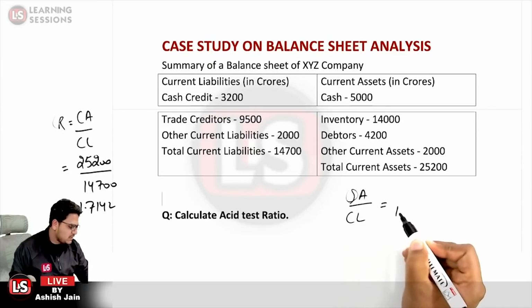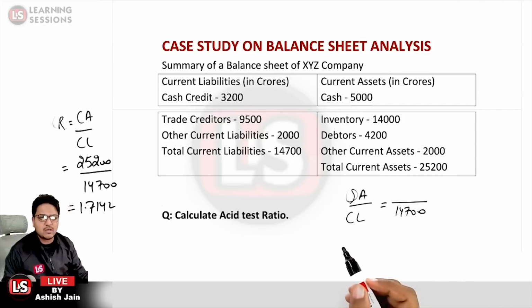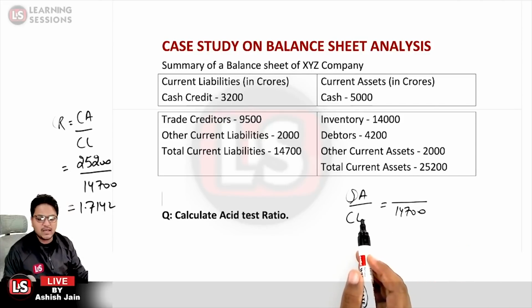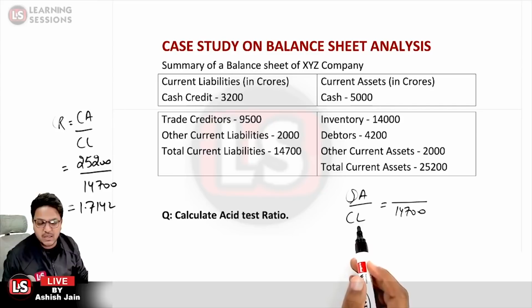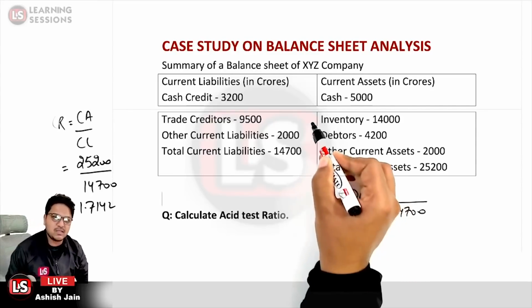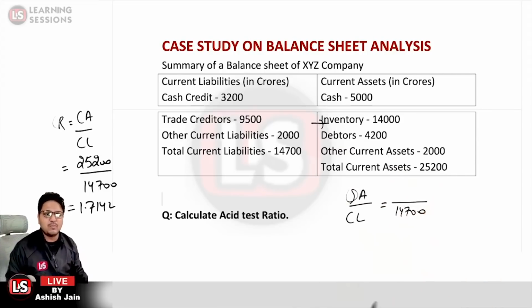Now the current liability part we are already aware of, that is 14,700, and further which components are not to be considered under the quick assets: the prepaid amounts, or the inventory. Those are not to be considered in case of the quick assets. So the inventory component will not be considered.